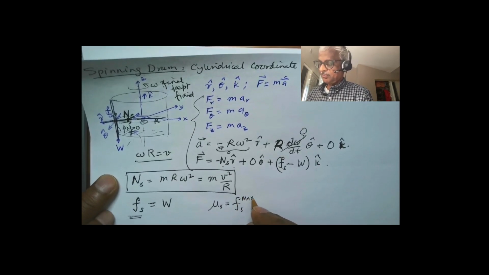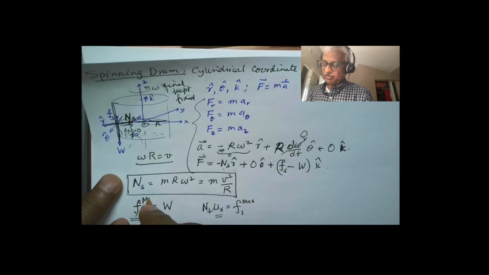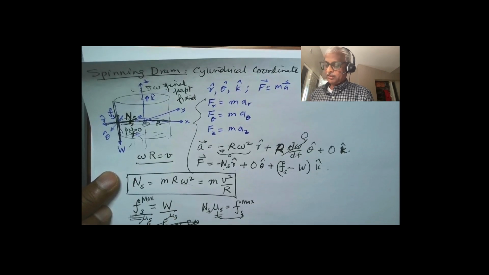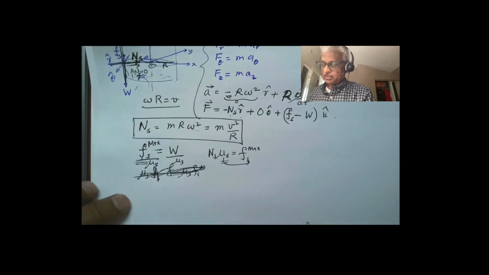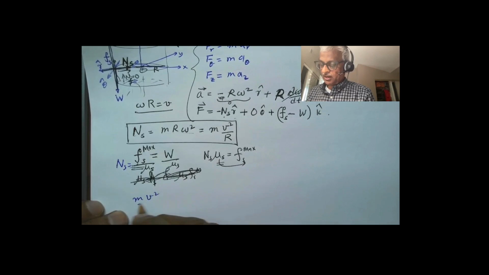So Fs max equals mu s times N, and so the minimum mu s that you will need: divide by mu s on both sides, and this becomes N. So m v square over r will have to be mg over mu s, and you can see it's completely independent of who the rider is.